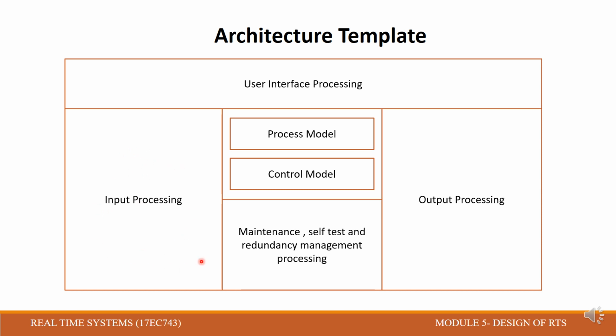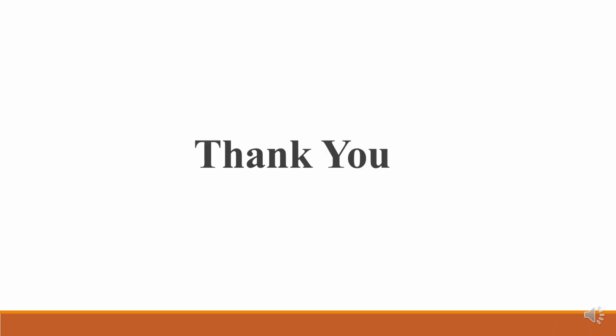What is the input processing and output processing? This is the basic template in order to develop the architecture model, which is a procedure based on using this particular architecture template. Everything depends on this template in order to build the architecture model. It's as simple as that. Thank you.